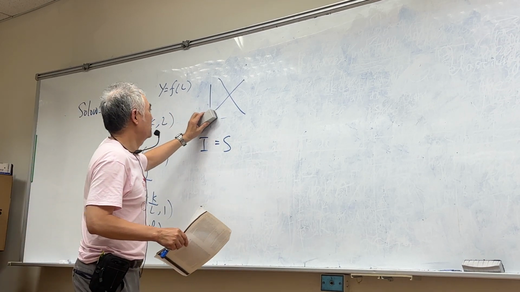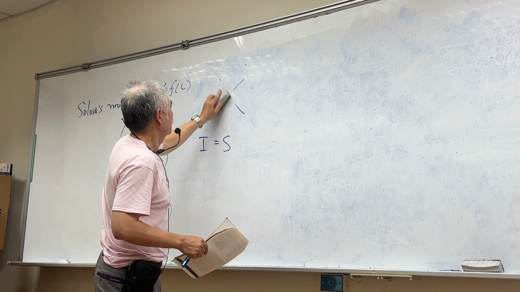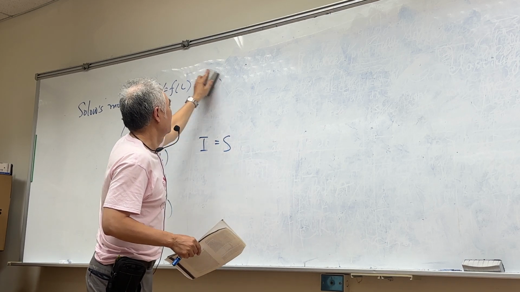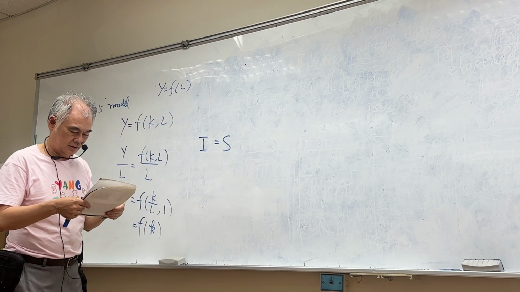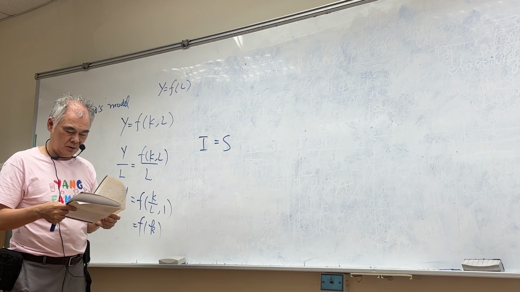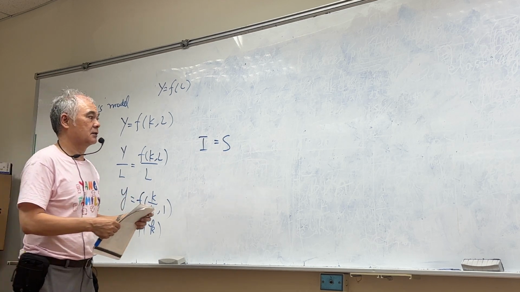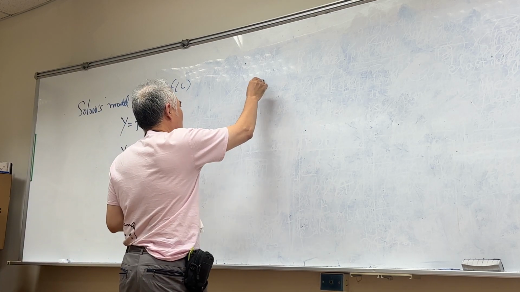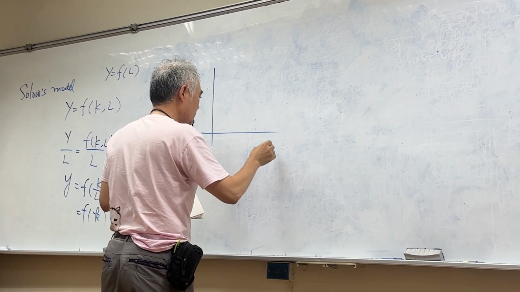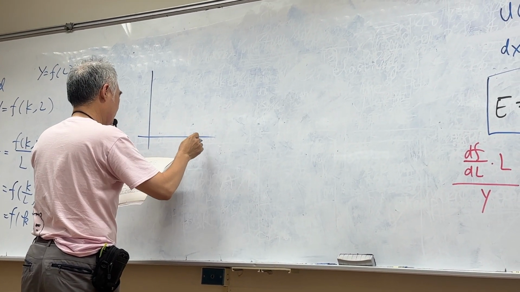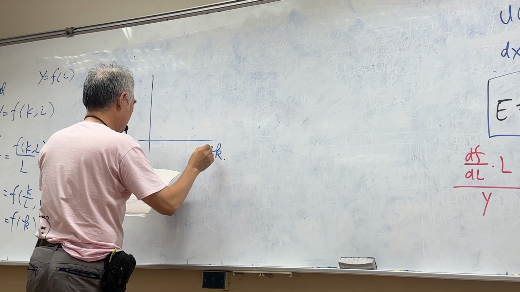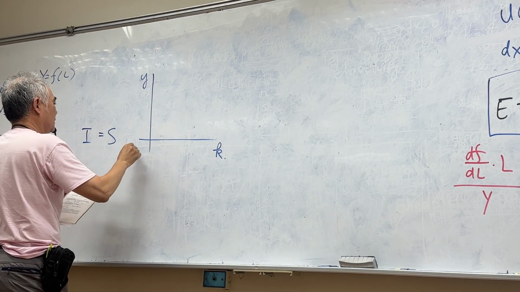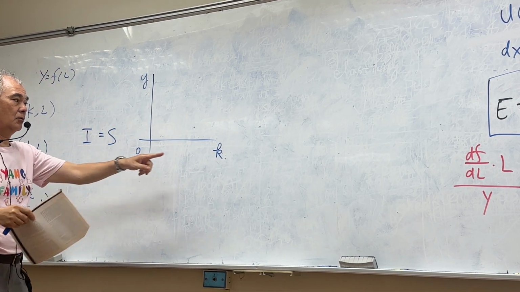So, what else? We're going to give you a diagram. The diagram is like this. You have k, and then you have Y. And remember, what is k?